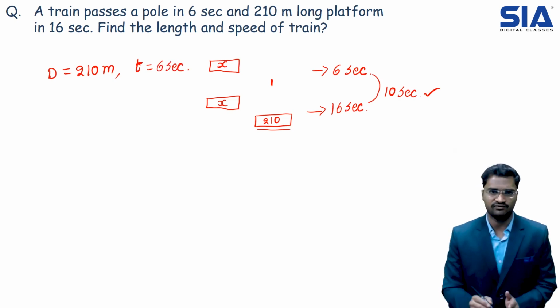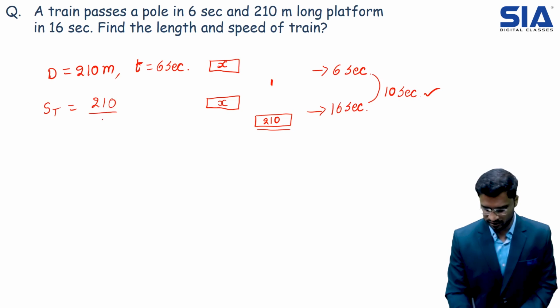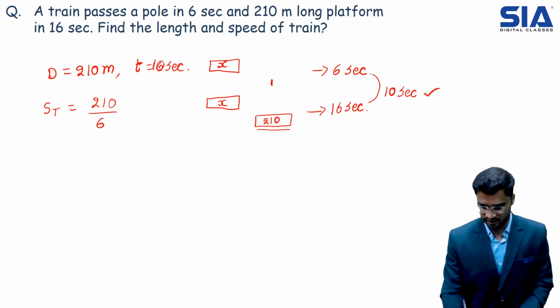By using this, I can find the speed of the train simply. The speed of the train is nothing but distance upon time, which is 210 upon 10. Sorry, additional time taken is 10. So 0 and 0 get cancelled. So the speed of the train is 21 meters per second.